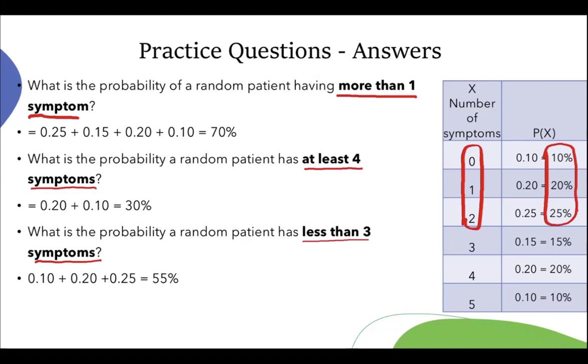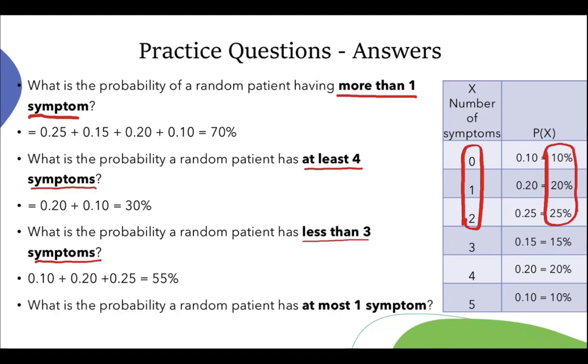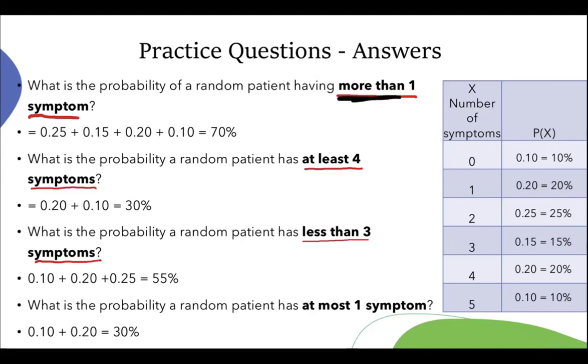And the very last one, at most 1. Sometimes we are given questions using more than, at least, less than, and at most, and we have to understand what they mean. At most in this case does include the number 1.